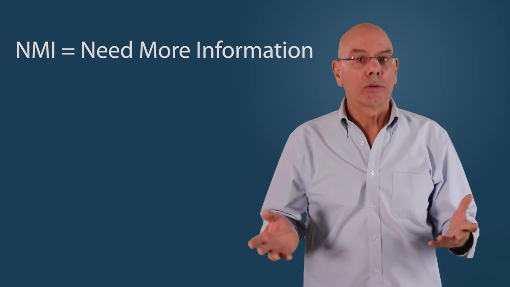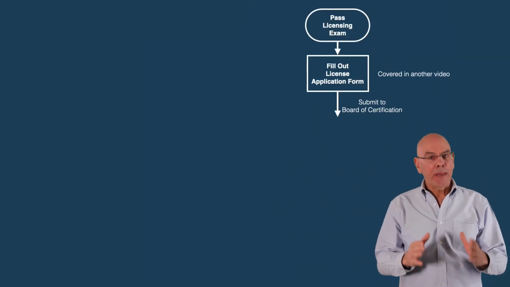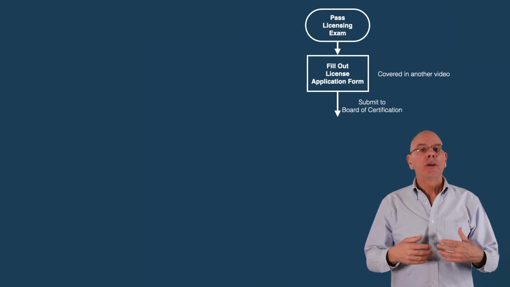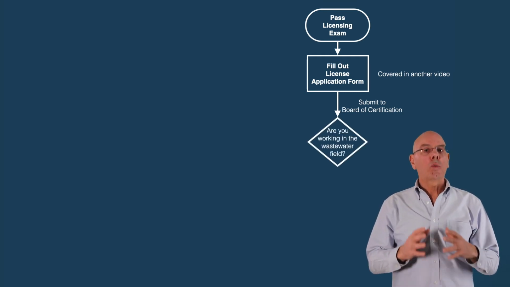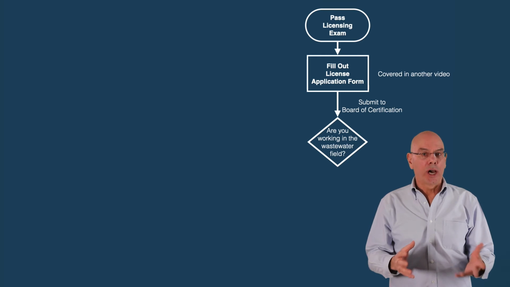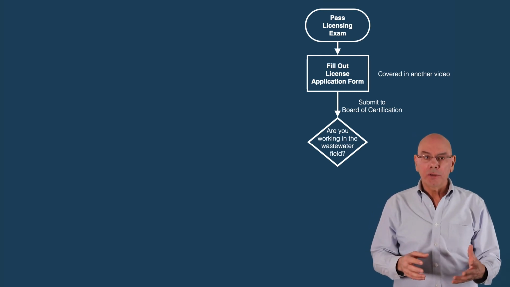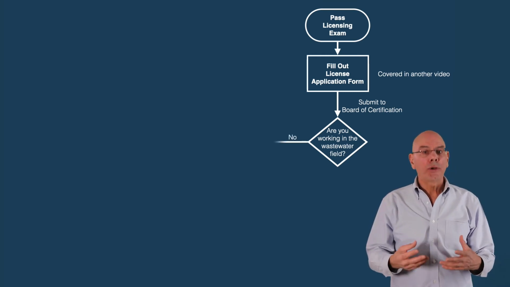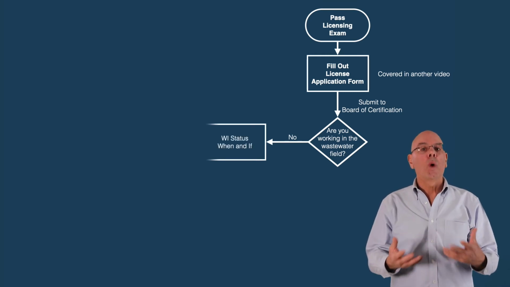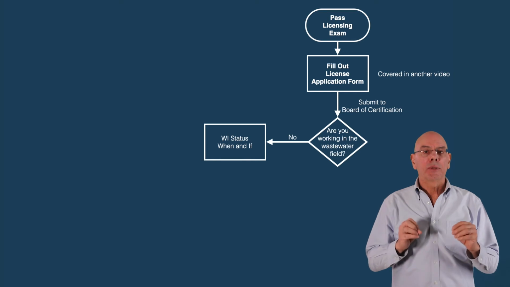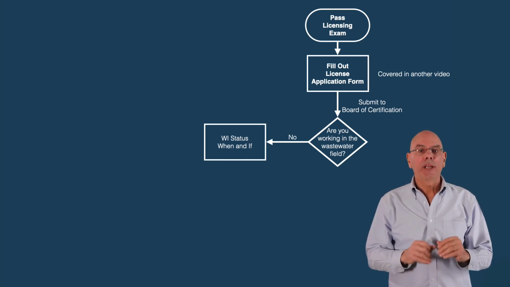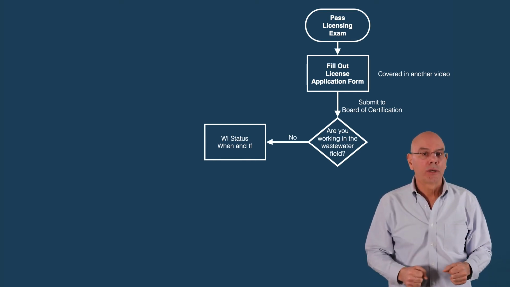Now, if you've passed the exam and submitted your application correctly, the board first looks at whether you're working in the wastewater treatment field or not. If you aren't working in the field or at a job where you need your license, you're given a when and if status. When and if means that your license is active, but that you're not working in the field right now and don't need a license to do your job.